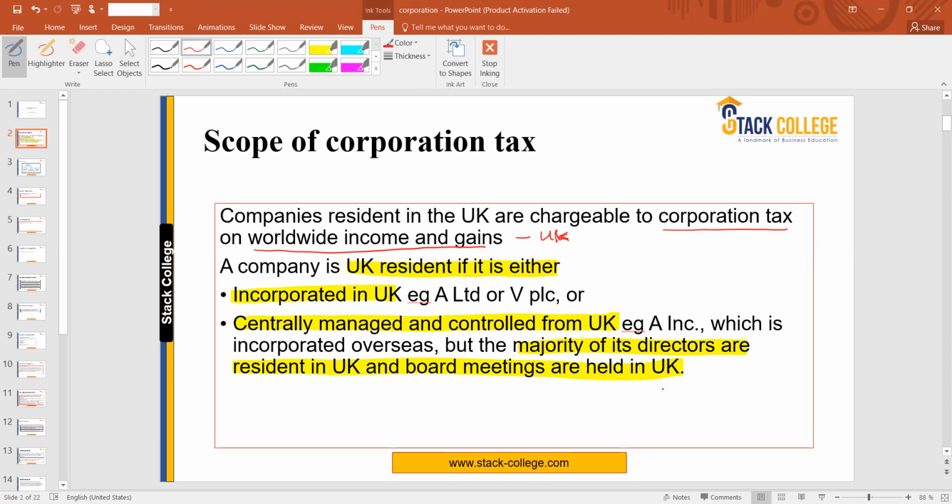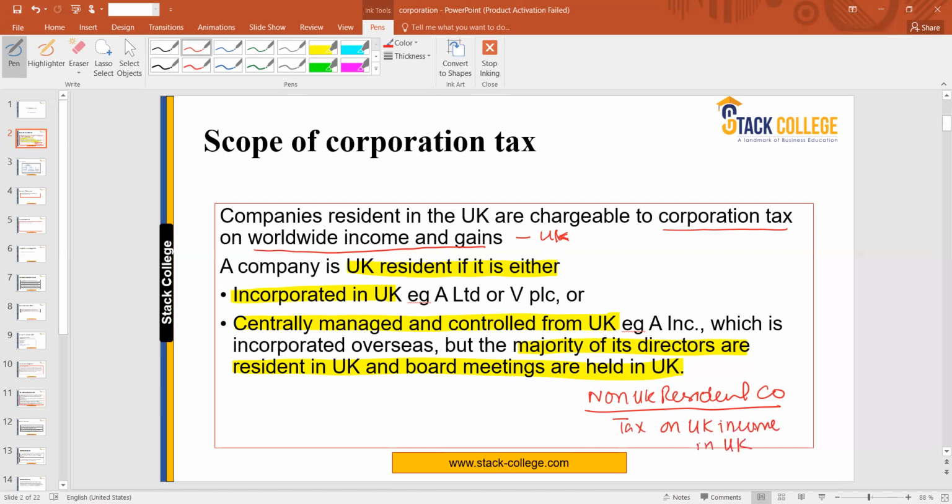But if a company is not incorporated in the UK, and board of directors meetings and other things like that are not held in the UK, then it is a non-UK resident company. The rule is that a non-UK resident company will pay tax on UK income in the UK only.